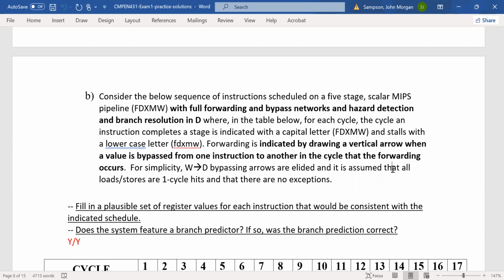Okay. Load needs all of its values in execute, because while it's computing the effective address, its value is not available until write back, until it is done with memory. Store has multiple answers here. Store needs its address data in X, and it needs its value in M, and produces nothing.